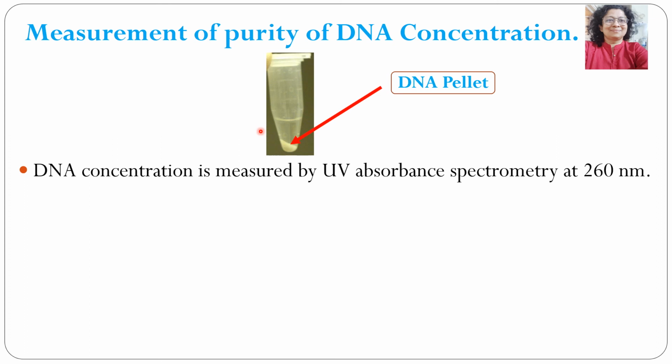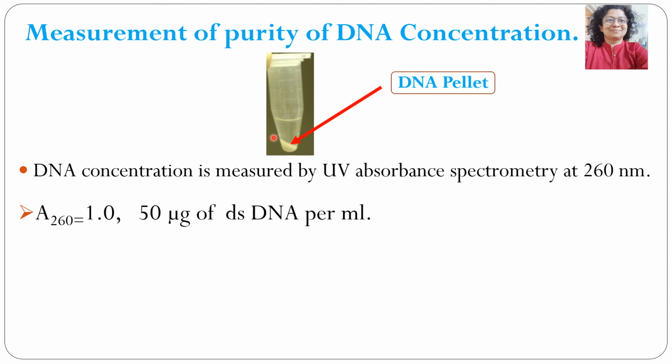For that we need UV absorbance spectrometry at a wavelength of 260 nanometers. At 260 nanometers, if the absorbance is 1, it means that there is 50 micrograms of double-stranded DNA per ml of the solution present in this tube.